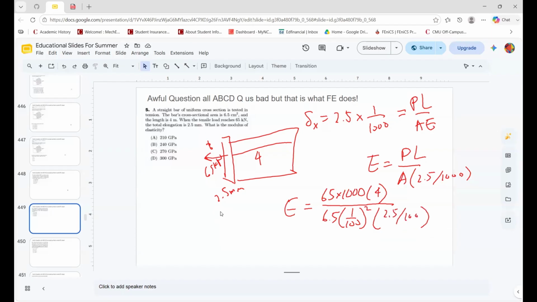So 65 times 1000 times 4, divided by 6.5 times (1 over 100) squared times (2.5 divided by 1000), and that is, whoa, that's a huge number.